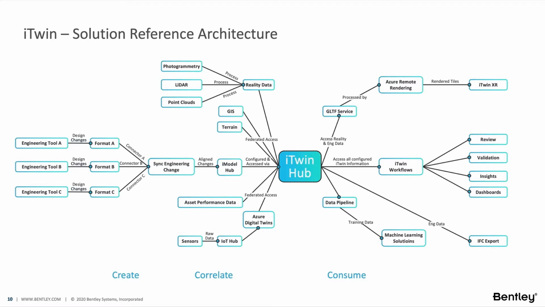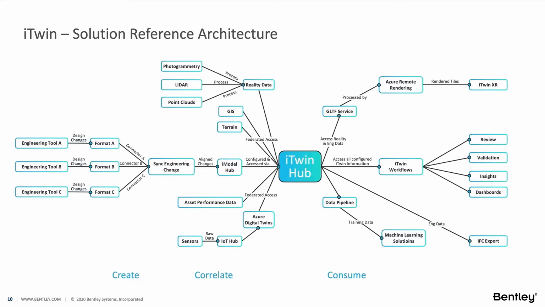If you need other formats, you can use the open source strategy that we're following with iTwin and iTwin platform to build more connectors, to bring more information in, as well as write more types of export. You can even take all of this information that has been cohesively combined, run it through a data pipeline with machine learning algorithms, and get better insights as well.